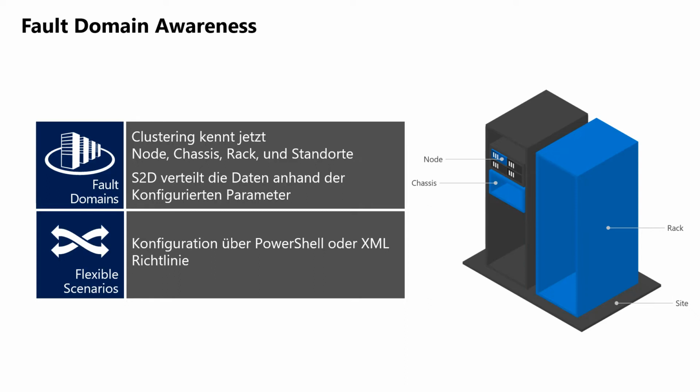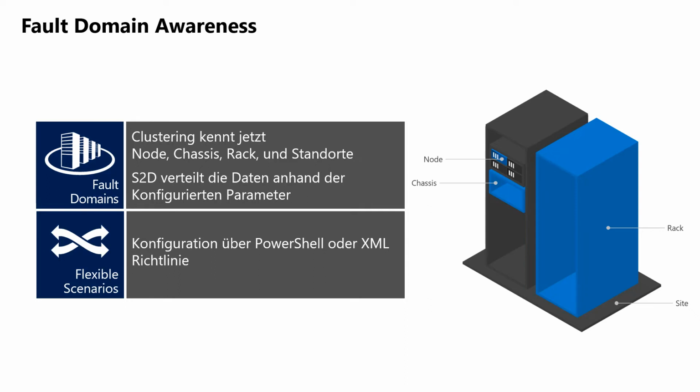The advantage of changing the fault domains is that now the slabs are distributed differently. Till now we have learned that the slabs are distributed across the servers and the server is the fault domain.